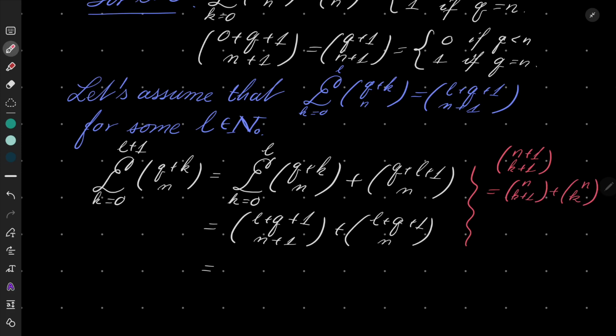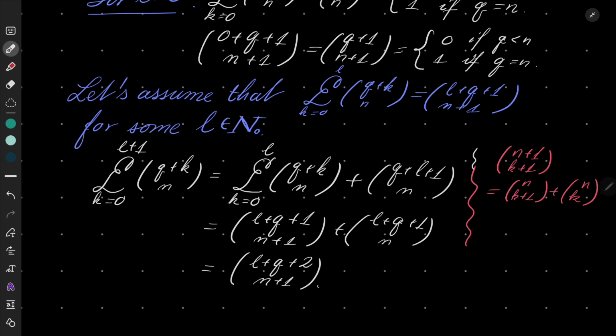And here we have exactly that, because upper indices are the same and lower differ by 1. So this sum can be replaced by L plus q plus 2 choose n plus 2, which was exactly what was to be proven in this case.